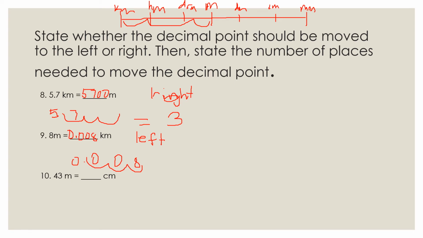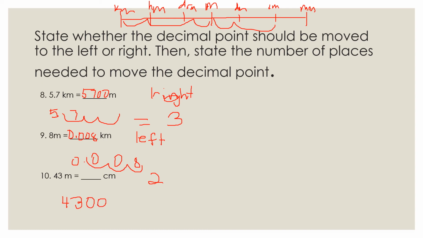Then from meter to centimeter, we need to move to the right. So 1, 2, we need to move 2 times. So 43, then add 2 zeros.